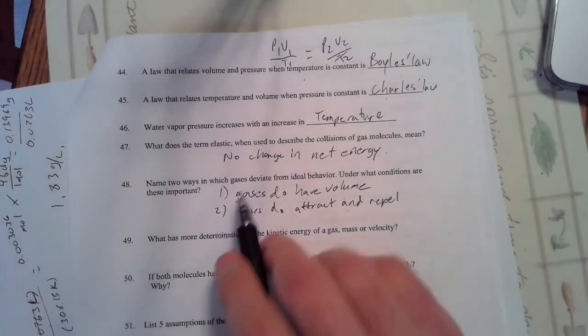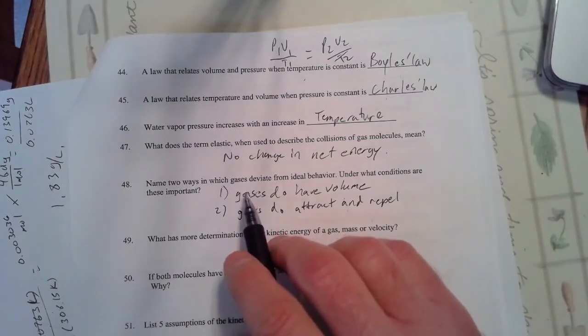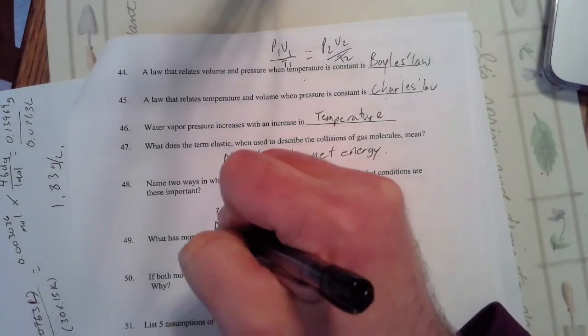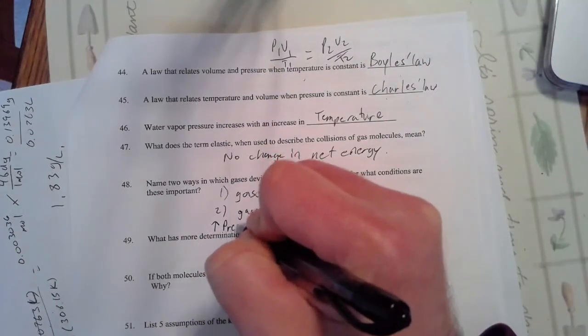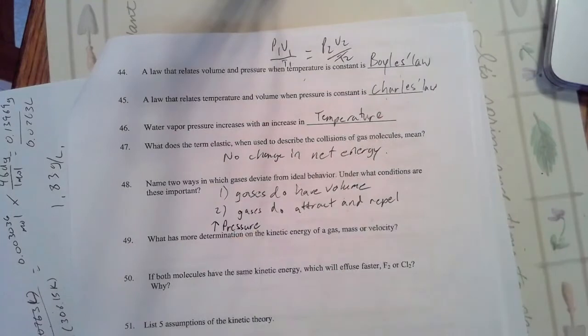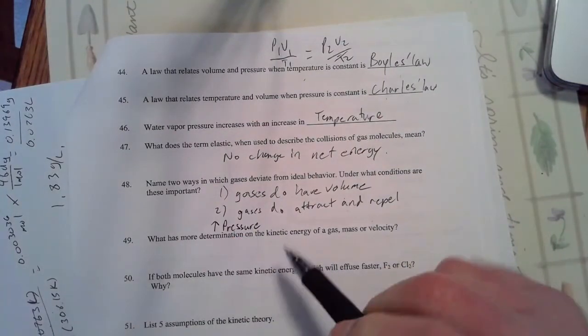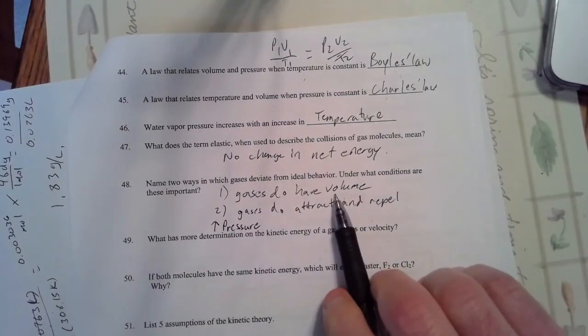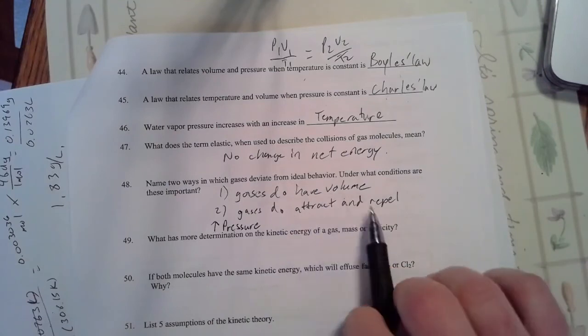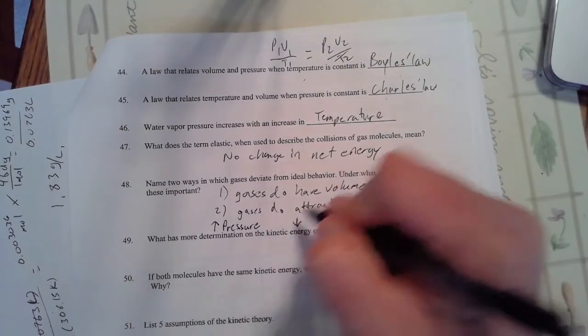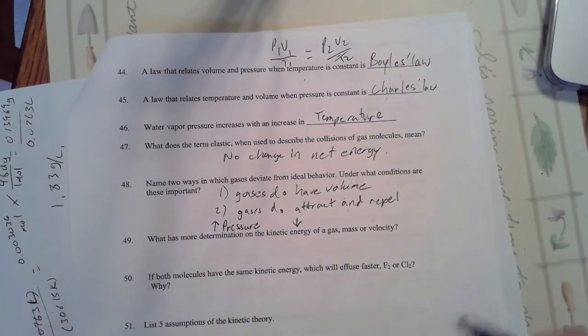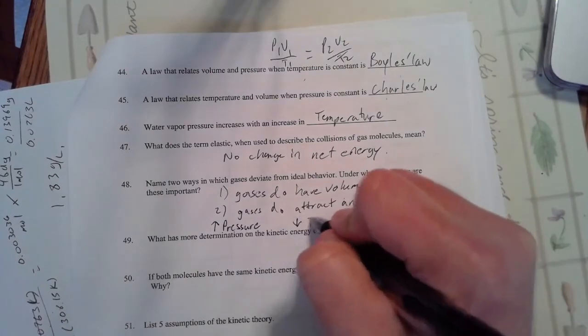But you do see these issues coming up if you have, for example, very high pressure. That's going to cause the gases to be closer together, where that volume can be a problem, and where attractions and repulsions are going to get higher. If you have a low temperature, we know that with a lower temperature, these particles are not moving as fast as they were before.